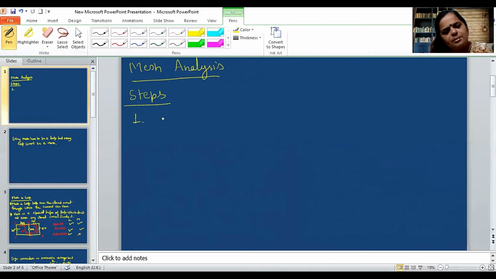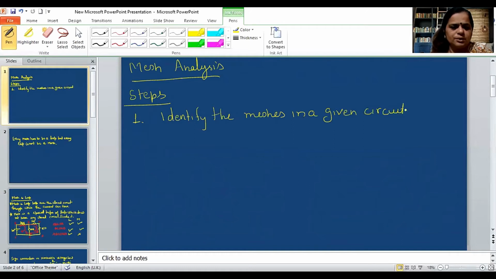The first step is to identify the meshes in a given circuit. This is the first step that you are supposed to do.